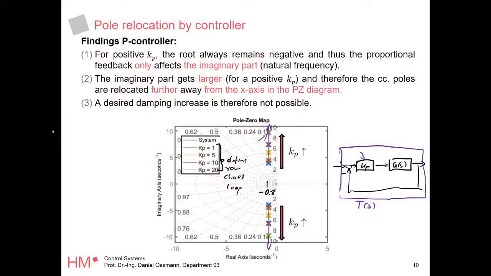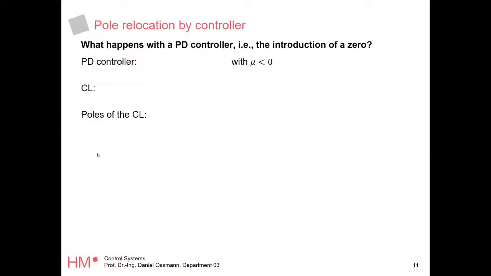So instead of a pure proportional controller, we will do the very same example now with a proportional differential controller. So we are having one zero, right? Same thing as before, just we're going to change the controller. I'm taking a little bit more time here because this is crucial for the understanding of the rest of this root locus design.